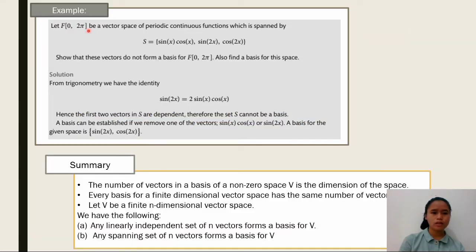We have another example. Let V be a vector space of periodic continuous functions, which is spanned by S. So S is sin x, cos x, sin 2x, and cos 2x.